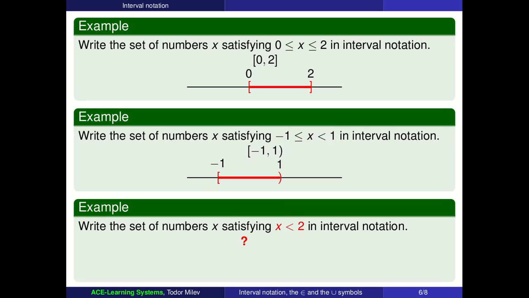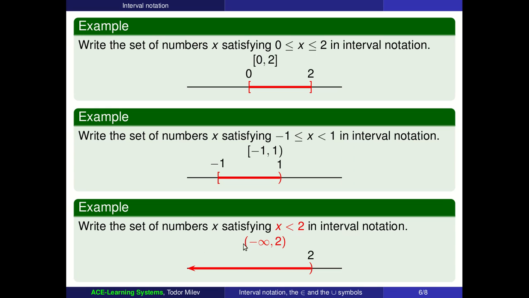Finally, let's solve a problem which involves the infinity symbol. Let's write the set of numbers x satisfying x less than 2 in interval notation. Now this is the set of all numbers smaller than 2, and those form an infinite interval. So we need to have all points to the left of the number 2.